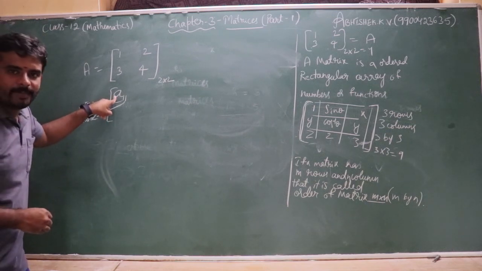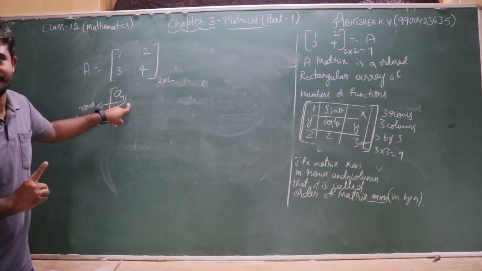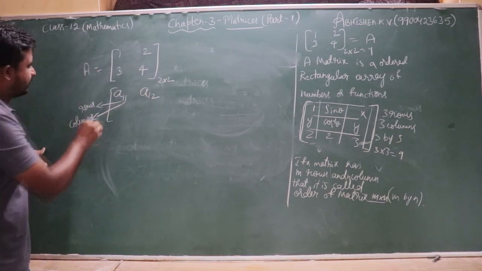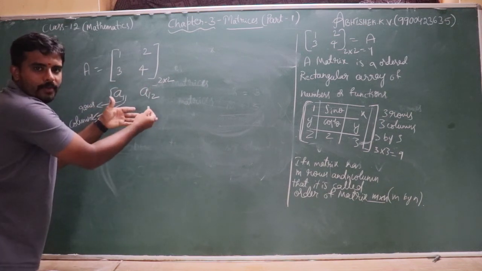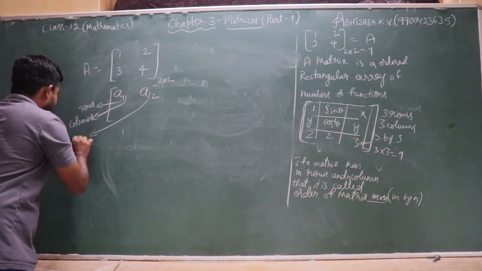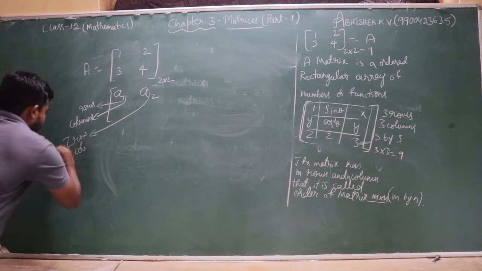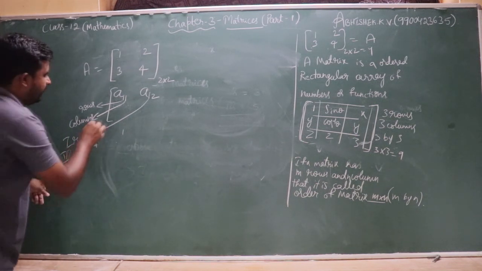See, the element of first row, first column. Then A12, it is in the first row only, but if I consider the column, where is it? Second column. First row, second column.